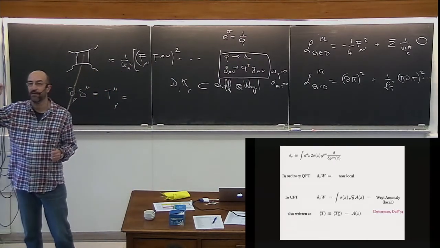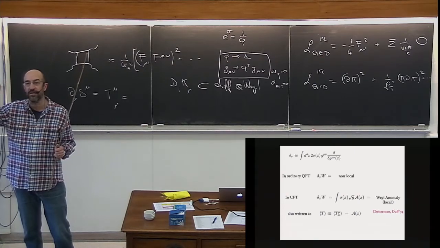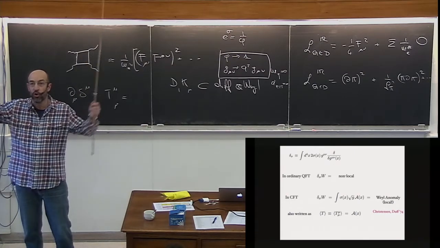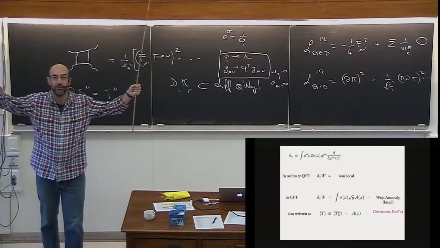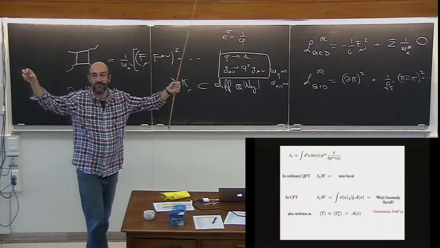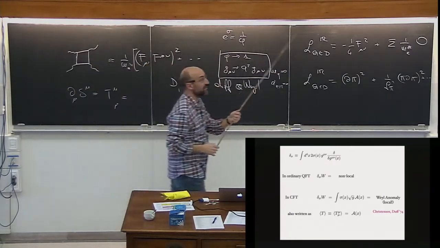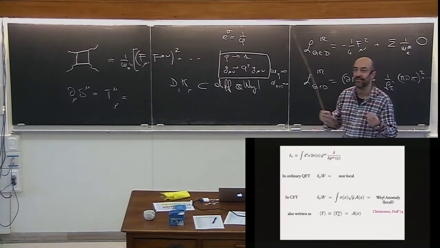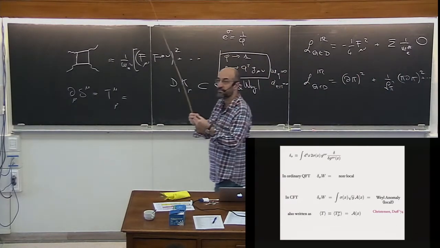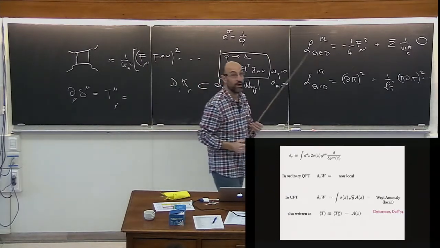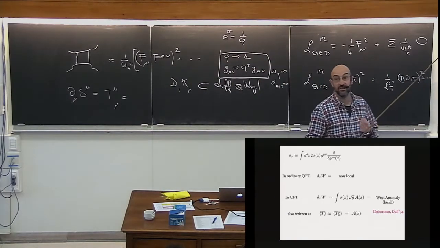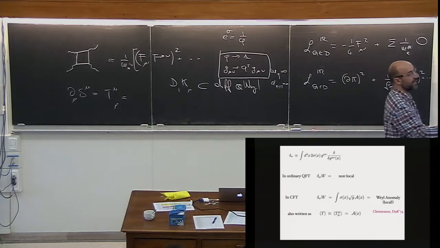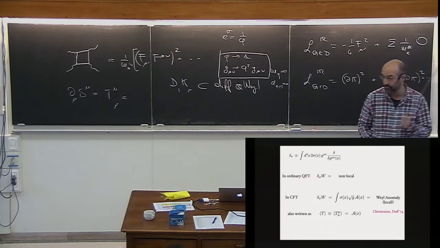If this is non-local, it means that correlators of T mu mu are non-zero, non-locally far away, which means that T mu mu is really a non-trivial operator, which means the theory is not conformal invariant. The only possible subtlety can arise when the T mu mu's are all at the same point. In that case, however, the lack of symmetry is encoded by a local term, and this is what is known as an anomaly.